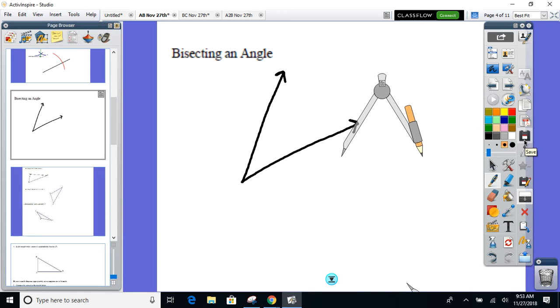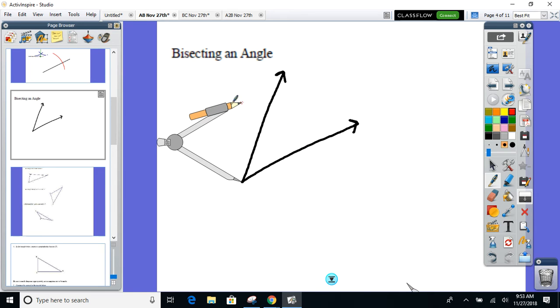Okay, how to bisect this one. Put the compass point right there on the vertex. Make an arc through both rays. How many points of intersection do you have? 2. Go to each point right now.